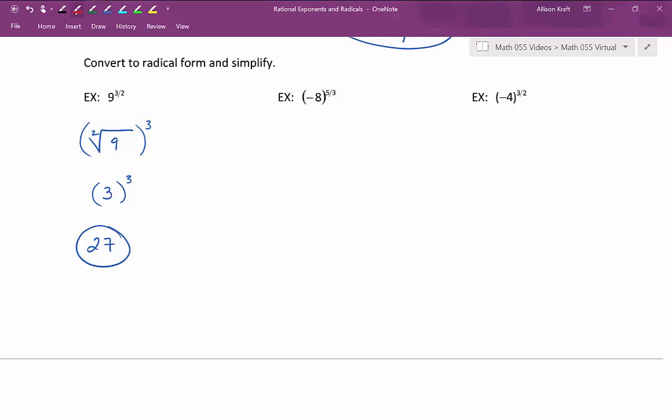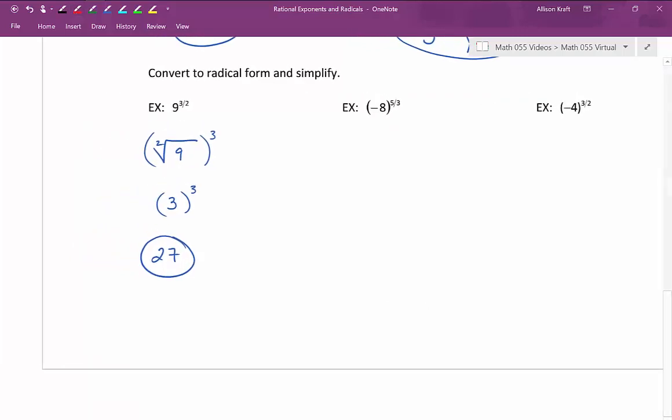While we're looking at this example, I want to point out why I like to have the exponent outside of the radical rather than underneath the radical. Say I had done this example, but I put the exponent of 3 underneath. I'd have the square root of 9 to the 3rd.